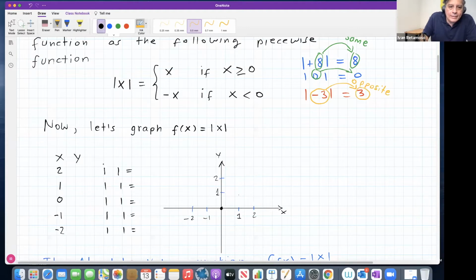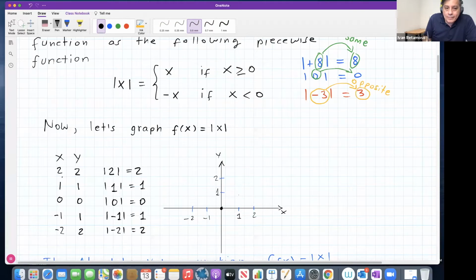The absolute value of 2 is 2, of 1 is 1, of 0 is 0, of -1 is 1, of -2 is 2.